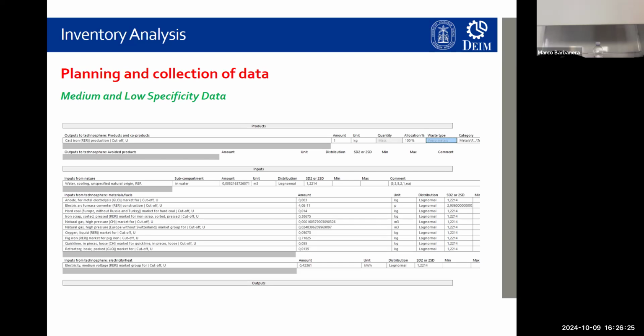And you have the possibility to create a new process with this structure, or you have the possibility to use a process from the database. Okay, so in your life cycle, you will have some new processes created by you, and some processes obtained from the database. Okay, and then you can collect this information in one life cycle.